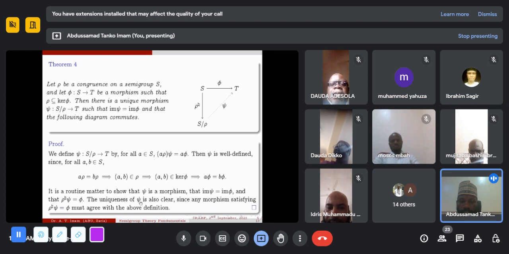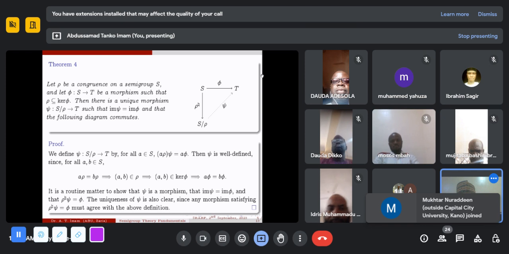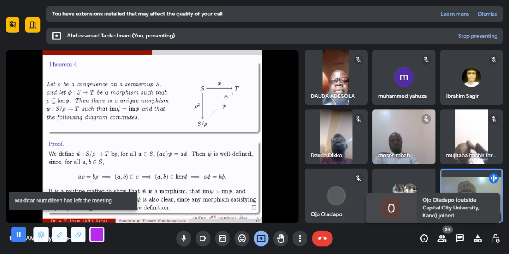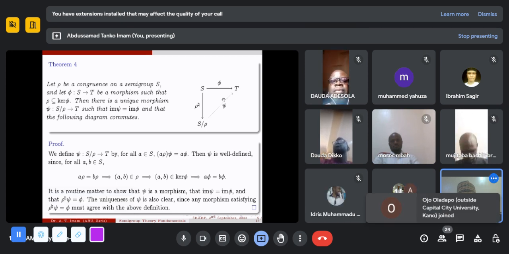And then the uniqueness is again clear, since if you are to have any other mapping from here to T that will make this diagram commute, that mapping must be defined by sending a point here to the image of their generators under phi. And so therefore, it must be the same thing as psi.